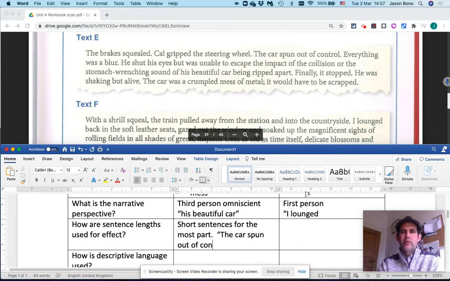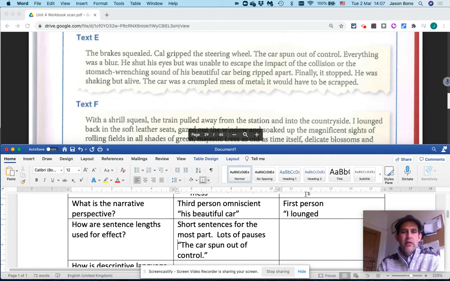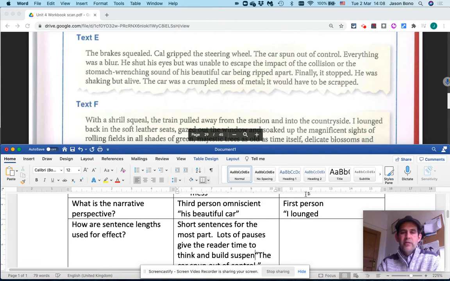Out of control. And the impact of that is that you have lots of pauses. Give the reader time to think and build suspense.